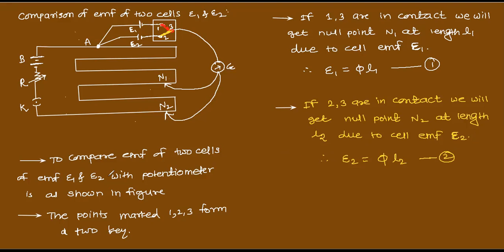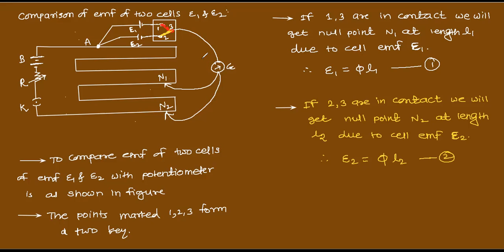What is this null point, sir? Null point means when we are sliding the jockey over this wire. Okay, we will do the meter bridge experiment. That time you will understand what is jockey and how we are getting null point. So getting null point means this galvanometer will show zero deflection.